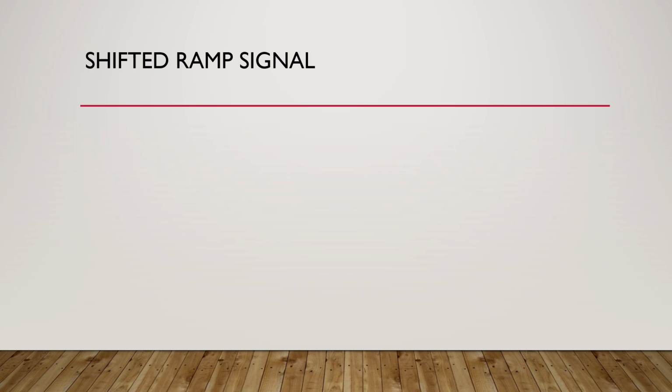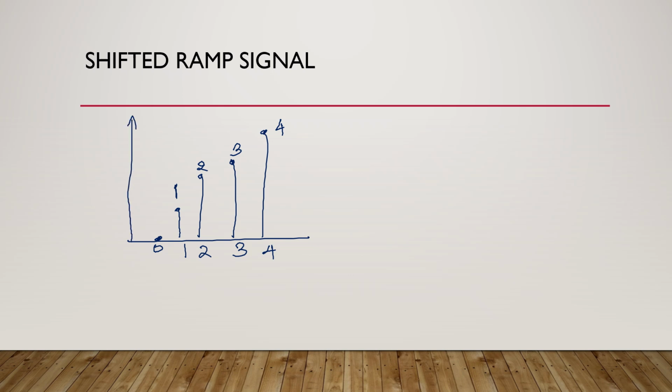Now, how can we draw the shifted ramp signal? If you want to shift three places, how can we shift the graph? The actual ramp signal r of t is plotted with points 0, 1, 2, 3, and also 4 on both axes.